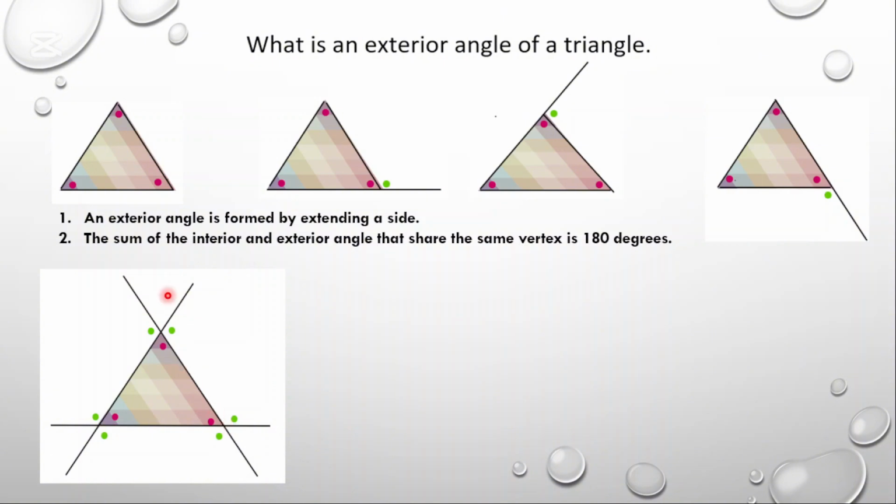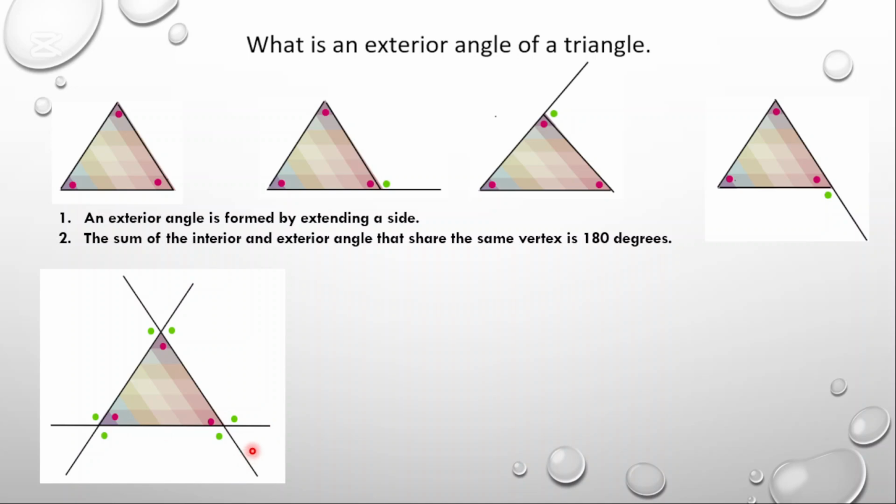Right. This one, what about this one here? This one is opposite the interior angle, so it is not an exterior angle. The same over here. This angle here is opposite that one. It's not the exterior angle, and also the same with this angle here.